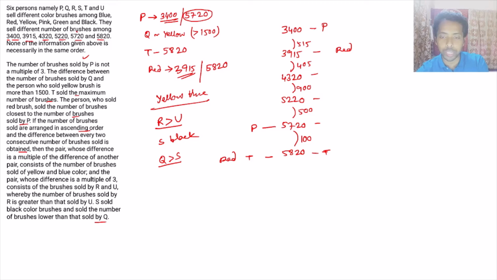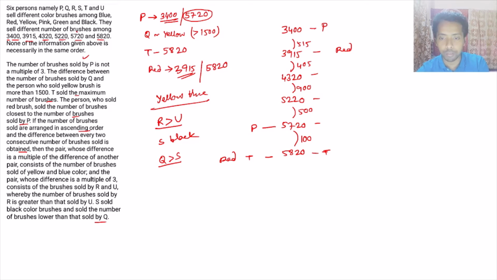If we take 405 as the base number, a multiple of 405 with two consecutive numbers is not present. Similarly for 515, if we take 515 as the base number, a multiple of 515 as a two consecutive number difference is not at all there. So we can take only 100 here, and on that basis I will take 500 or 900.